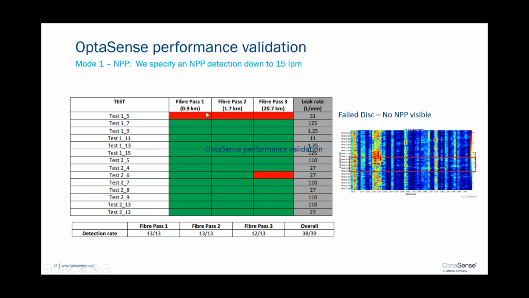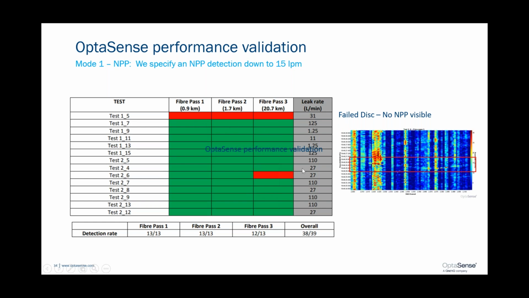So looking up the flow loop, down the flow loop, going through a delay coil, and then passing up the flow loop again. This first test didn't develop an NPP at all, and we think that was actually a failed disc that had failed during the deployment or through a manufacturing issue. We're not quite sure, but it didn't really develop a signal at all. So there wasn't a signal present for us to miss.